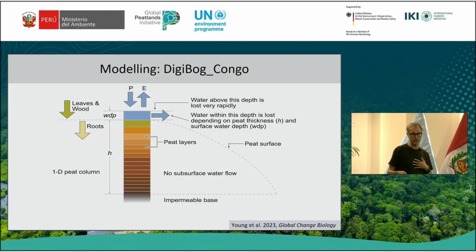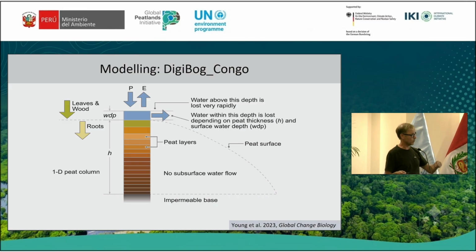So we started with a model called Digibog, and we used our measurements from the field to parameterize this model. It's essentially layers of peat with decomposition and litter inputs and root inputs, and it tracks that peat over time and updates it. We can accumulate peat if the decomposition is lower than the inputs, or it loses peat when it's the other way around.